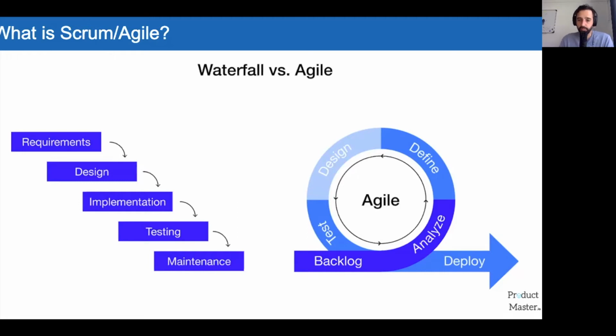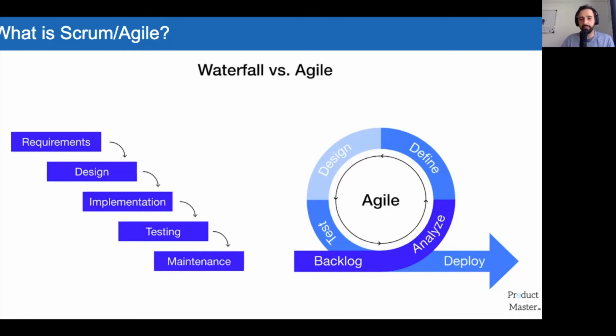I'll talk mostly on the product side, but here you'll see that you have a backlog that you analyze, define, design, and test, and then deploy. Instead of doing one thing at a time and then passing it on to the next department, you get the departments to work together at the same time, trying to achieve goals together and deploying something workable by the end of every cycle.